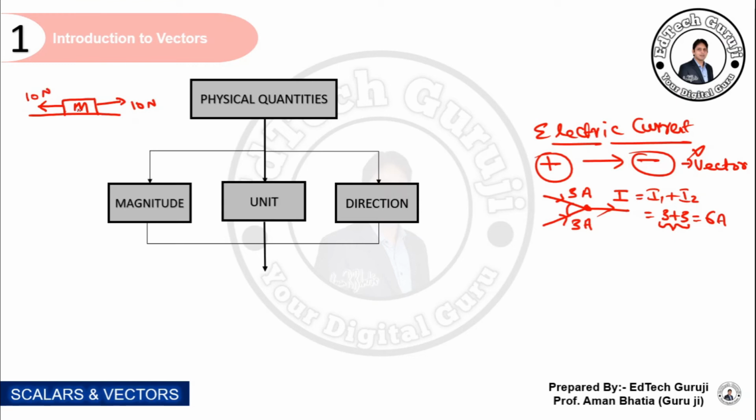If I ask you, students, what is the net force acting on this particular body? You will quickly say, sir, we have studied that this type of force, which is equal in magnitude and opposite in direction, is called a balanced force, and hence the net force on the body will be zero. We have also studied that a balanced force does not result in moving a body or stopping a body.